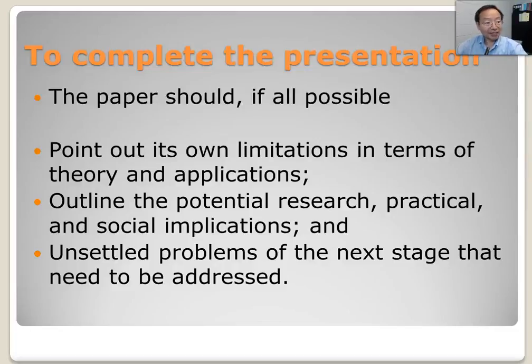Once again, to establish the importance of our work, we outline the potential research, practical, and social implications. And then we list unsettled problems for the next stage of research.